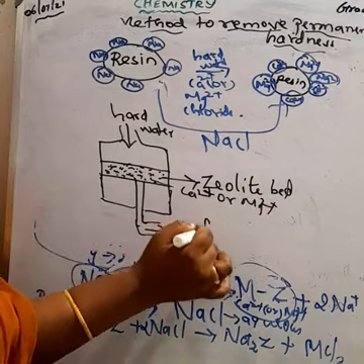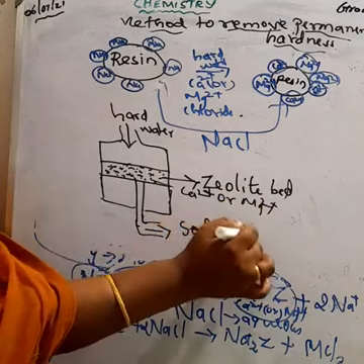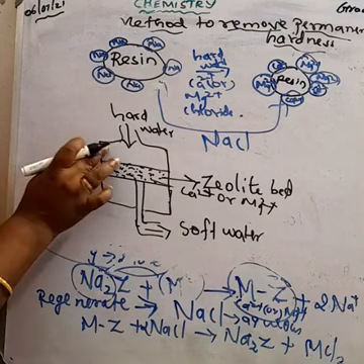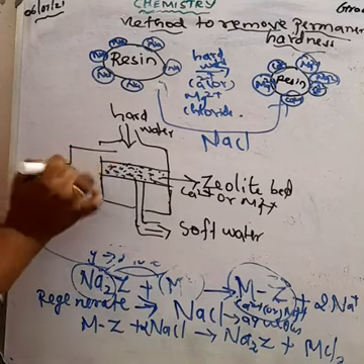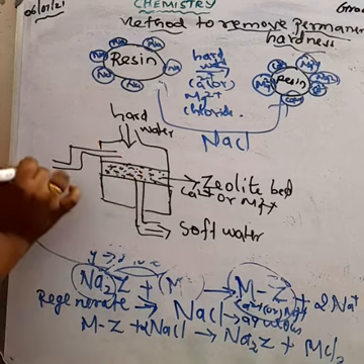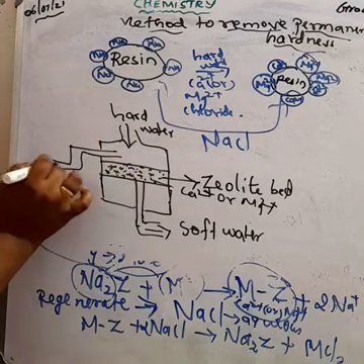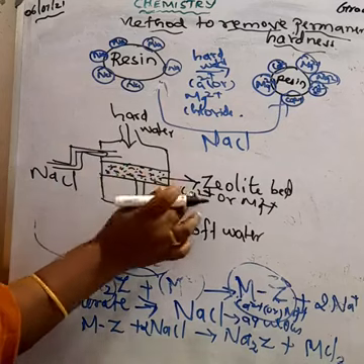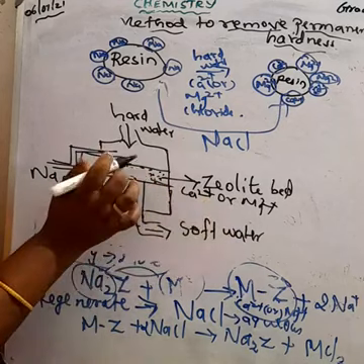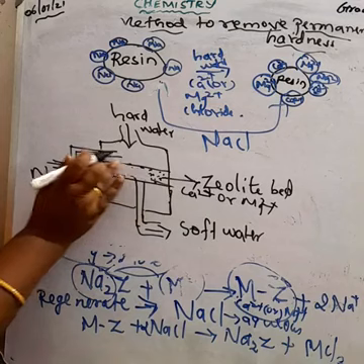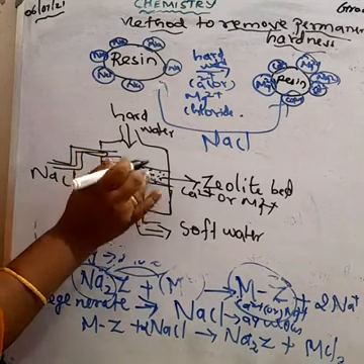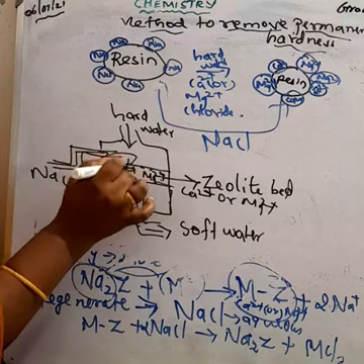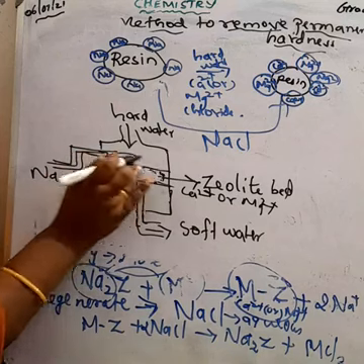And to regenerate this resin, we can add sodium chloride solution to the zeolite bed, where the calcium and magnesium ions are staying. When we add the sodium chloride solution, the sodium replaces the calcium and magnesium metal ions in the zeolite bed.